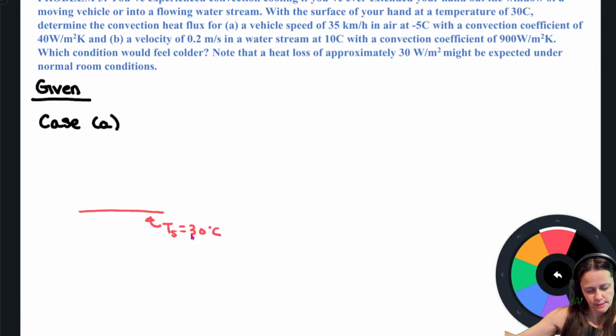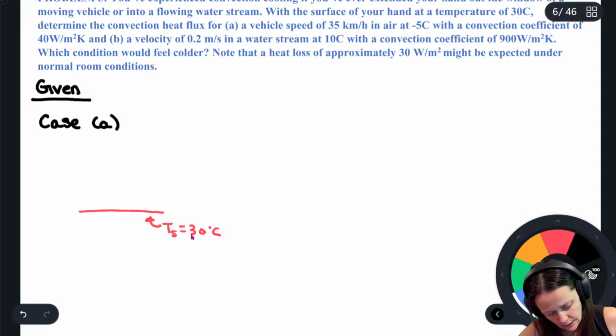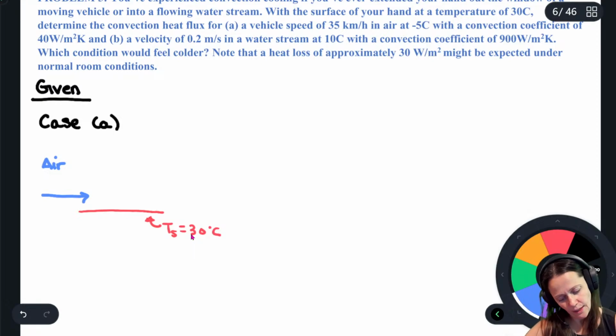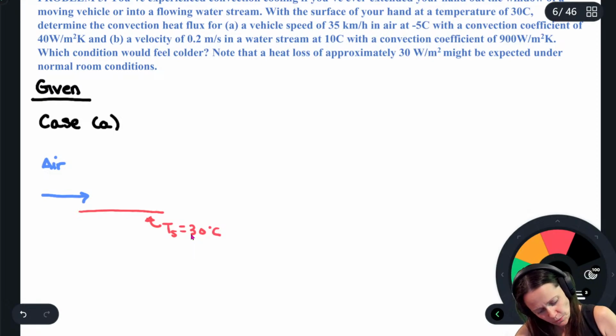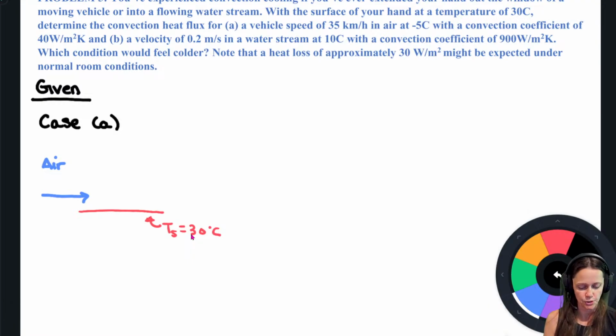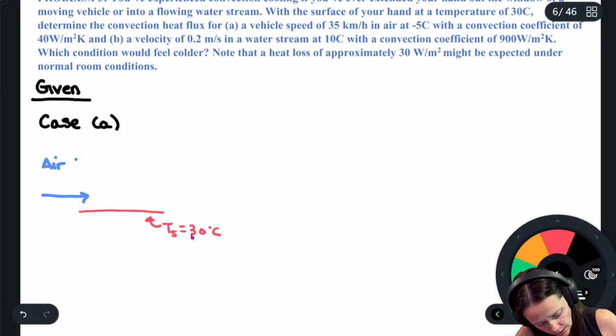And I stick my hand out the window and I'm going 35 kilometers per hour. All right. So air is flowing over my hand. So T infinity is -5 degrees Celsius.